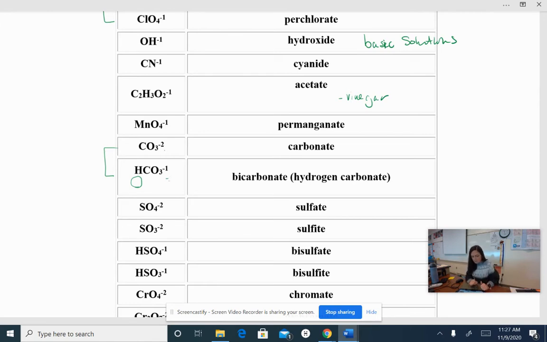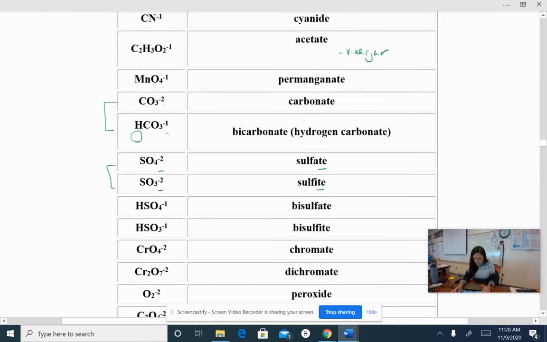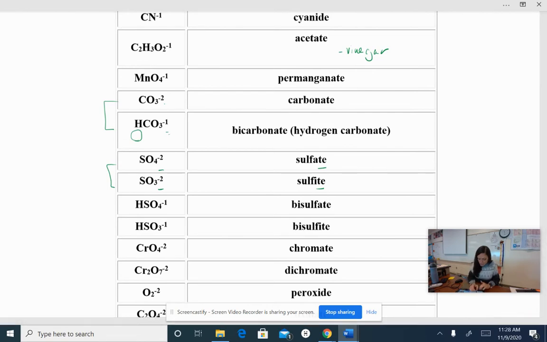that hydrogen. Okay. We have sulfate, SO4 -2, and we have sulfite, SO3 -2. Now notice the 4 versus the 3, the number of oxygens on there. We have bisulfate and we have bisulfite as well. So this is a group as well.